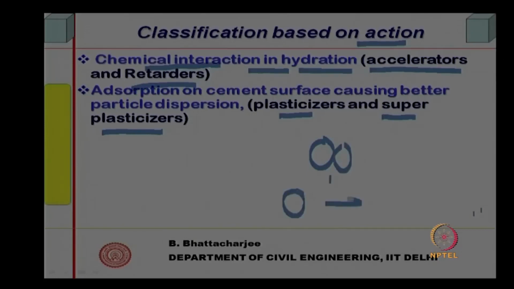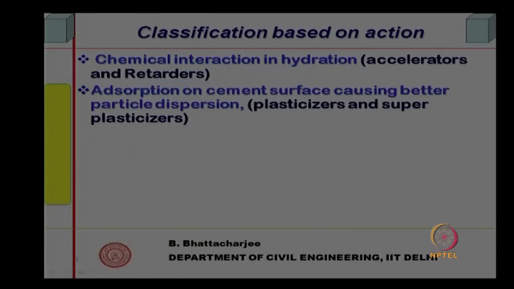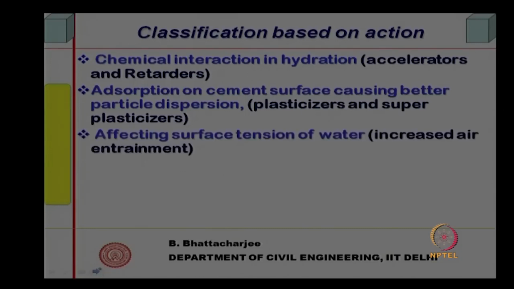So, that is what particle dispersants are. The second class, they get adsorbed on the surface and disperse the particles. So, plasticizer, super plasticizer, hyper plasticizer, they belong to this group.